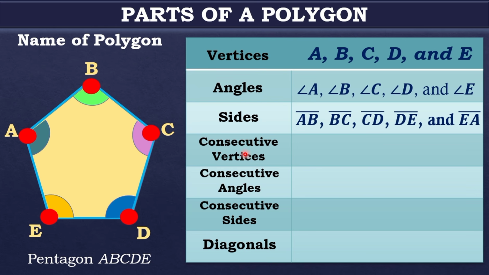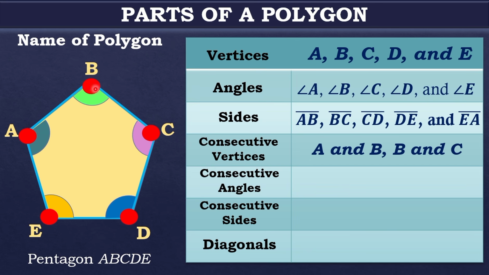Now, what do we mean by consecutive? Nabanggit ko na to kanina. When we say consecutive, that means magkasunod. Tingin tayo sa figure. Consecutive vertices, magkasunod na vertex. So, we have A and B, B and C. Dalawa lang ba? Marami pa po.